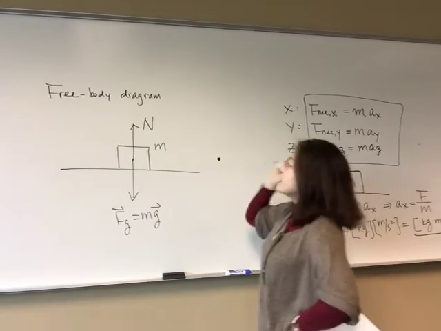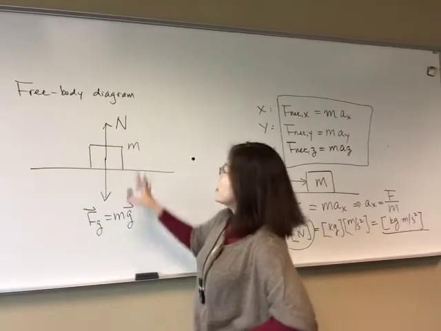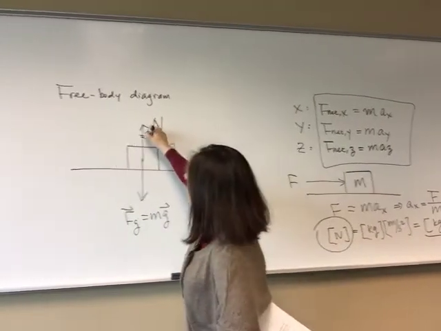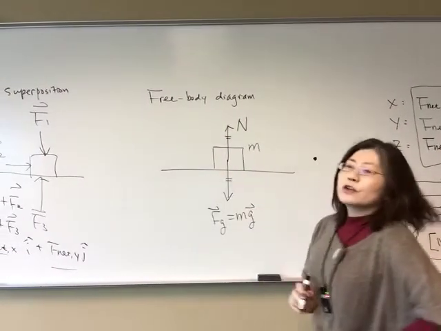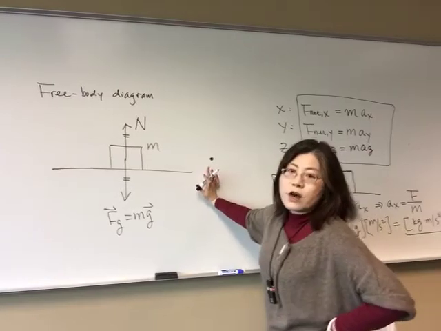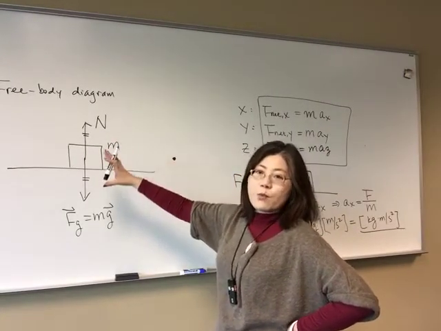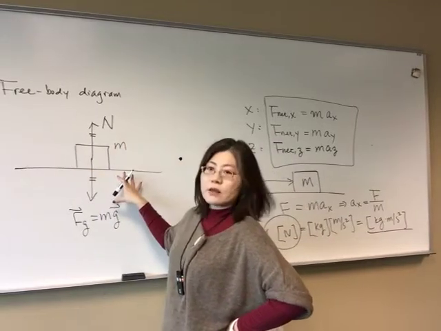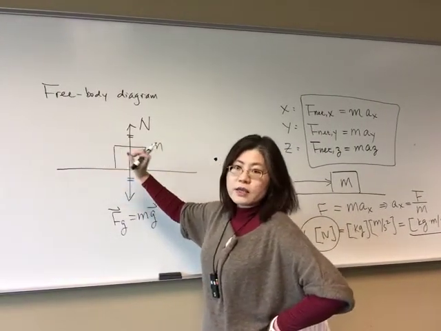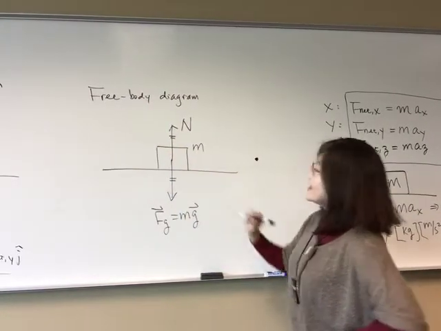Okay. So in this case, because this object is not moving, what does that mean? It means that this force and that force should balance each other, because based on Newton's first law, when the net force acting on the object is zero, it cannot move. This object is not moving, which means the net force acting on it is zero. So what is the net force now?